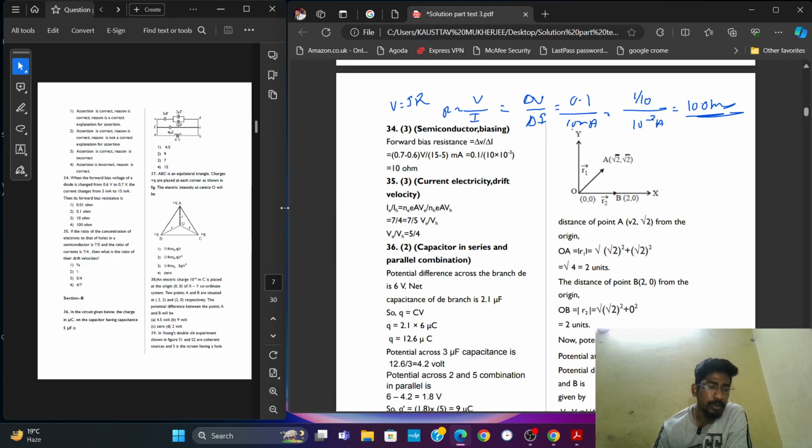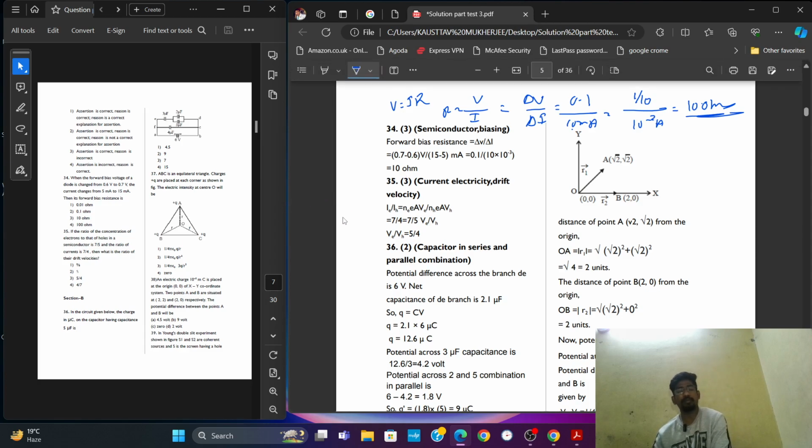The ratio of the concentration of the electrons to the holes in a semiconductor is 7 by 5. The ratio of the current is 7 by 4. What is the ratio of the drift velocity? That formula is I equals nAe vd, right? So there is a relation between the drift velocity and the current flowing. The relation between vd and I is directly proportional.